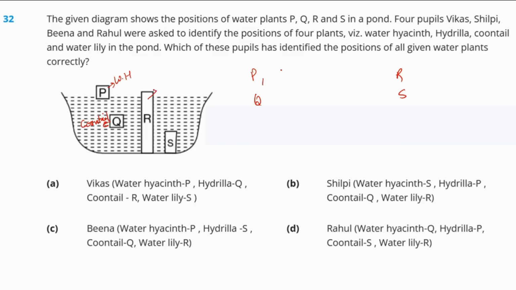R would be your water lily, as this is fixed at the bottom and it is floating at the above, right? S would be what? S would be your hydrilla, a submerged plant, right? Then who would be the correct answer over here? The correct answer would be option number C here.